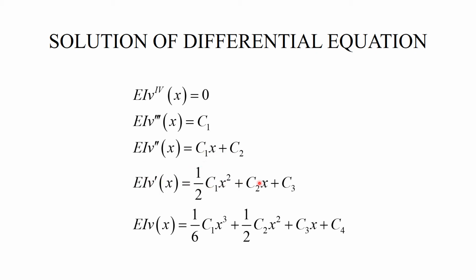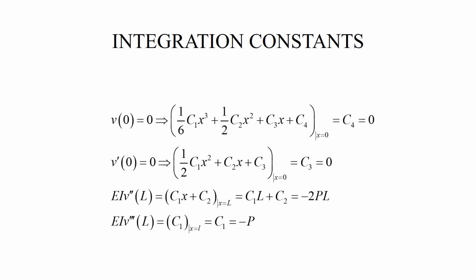Integrate this, I get this quadratic function, and finally the last integration gives me a cubic polynomial, which is expected because the fourth derivative of the function must be 0, and of course the coefficients of this cubic polynomial are unknown. Now I'm ready to go after the constants C1, C2, C3, and C4, and here's what's happening.